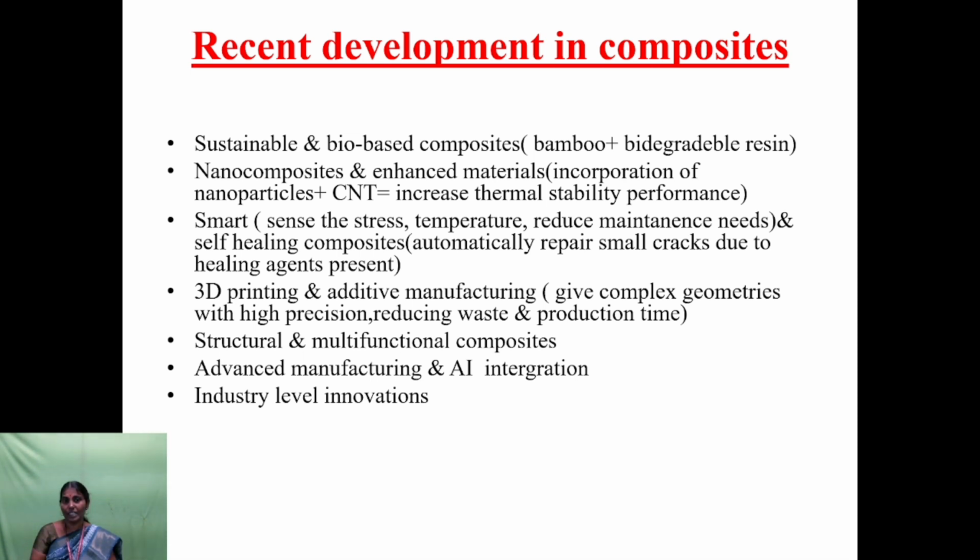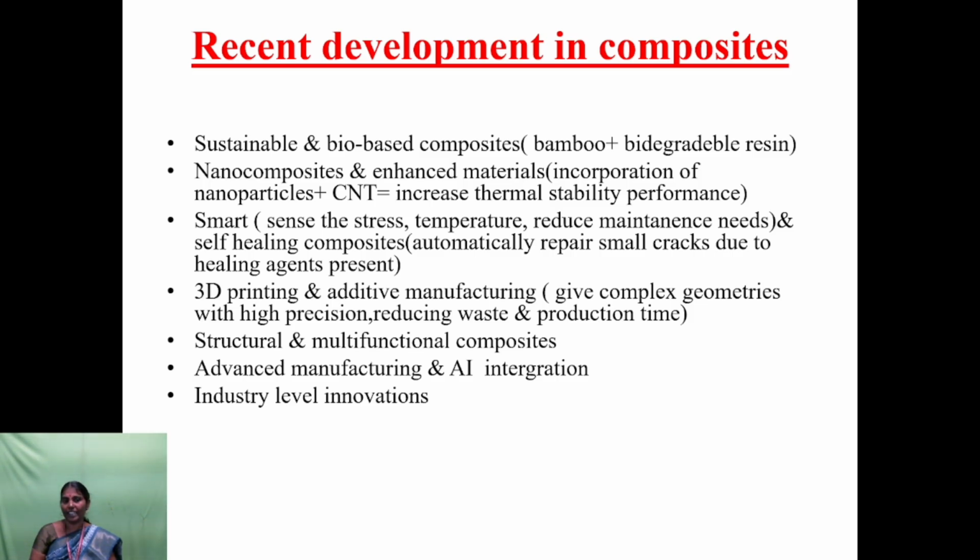And the second one is nano composites and enhanced materials, that is, incorporation of nanoparticles and carbon nanotubes. These materials increase the thermal stability performance. And the third one is smart and self-healing composites.